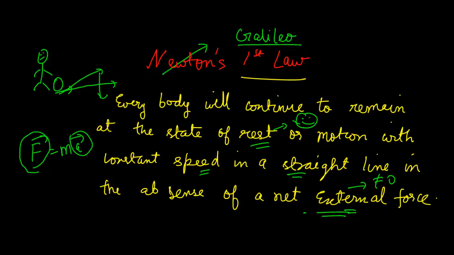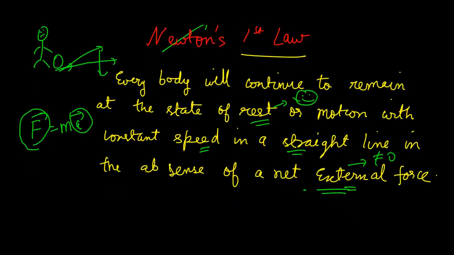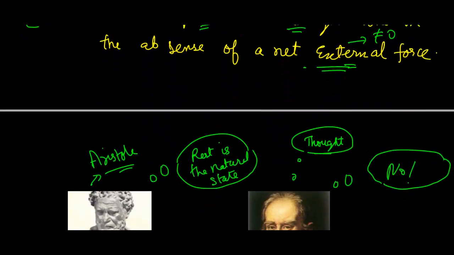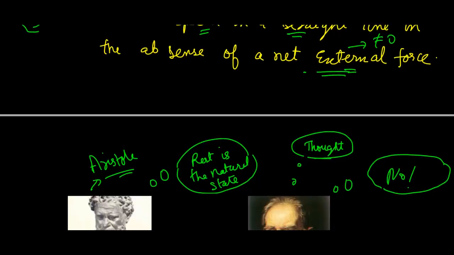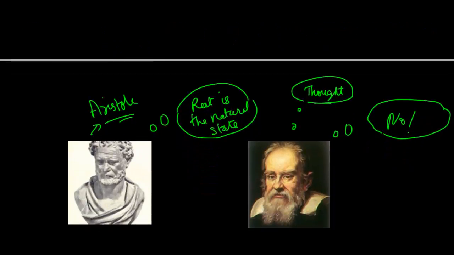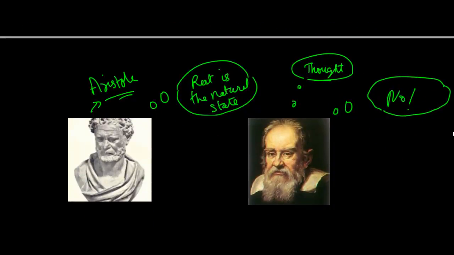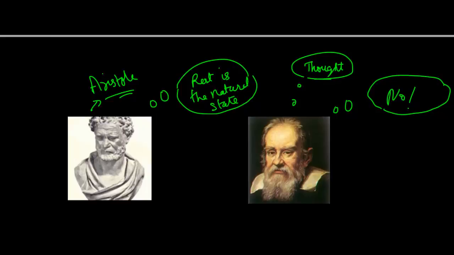And this is why we were proven to be mistaken in our understanding of motion for such a long time. Okay, and this tells us something very interesting about science, why we need science, because our intuition, our common sense can prove to be wrong a lot of time. So we should keep questioning it.